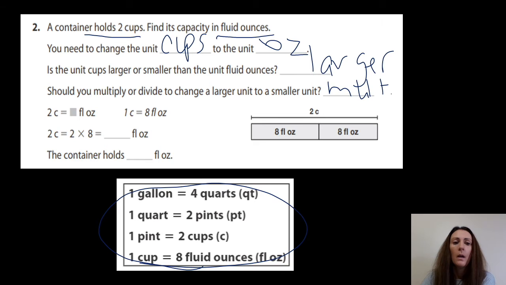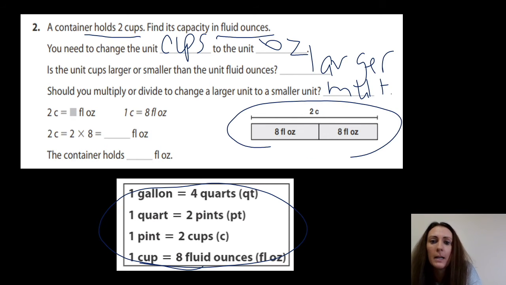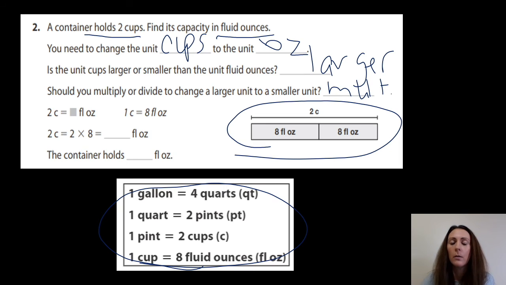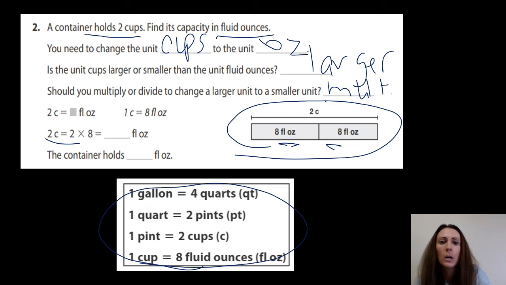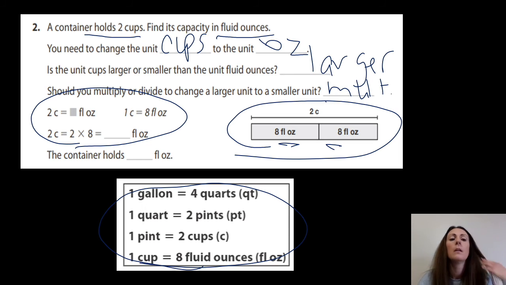Okay, so there's this cool chart right here that's showing you how many cups or how many ounces are in 2 cups. It's showing you right there. So that means, and this whole chart has broken it down for you.